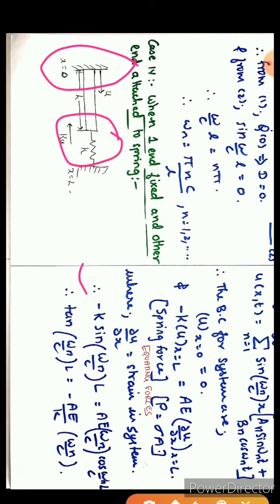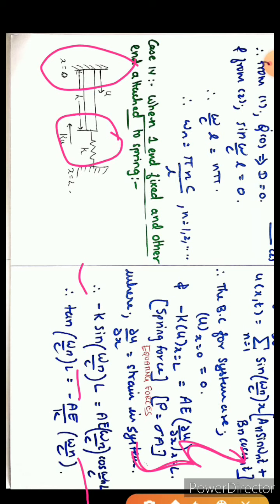Here once again, what you are left with is del u by del x, which will give cos omega n into x, equals omega n by c cos omega n by c into L, at x equals L. Because u of 0, t, you will get by substituting, as we have done in the fixed-free condition, there is no need to go through the solution once again.